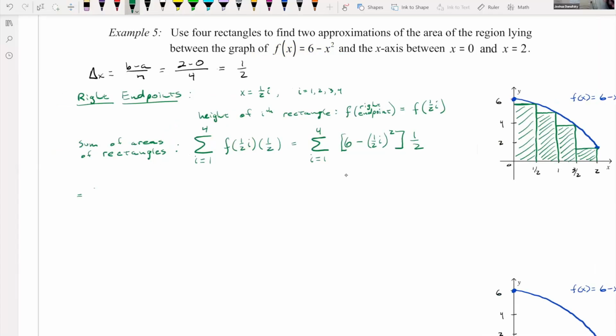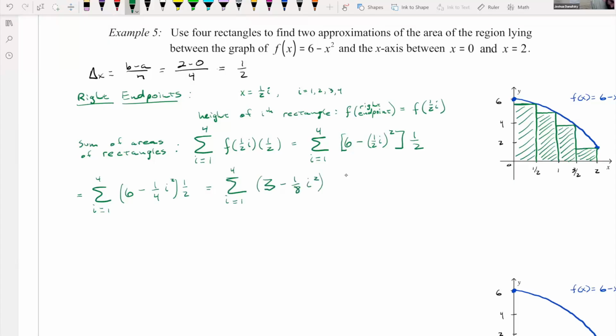So we're going to continue simplifying this. This is equal to the sum i equals 1 to 4. And we're going to get 6 minus 1/4 i squared, all of that times 1/2. That will become the sum i equals 1 to 4. Distributing the half, we get 3 minus 1/8 i squared.